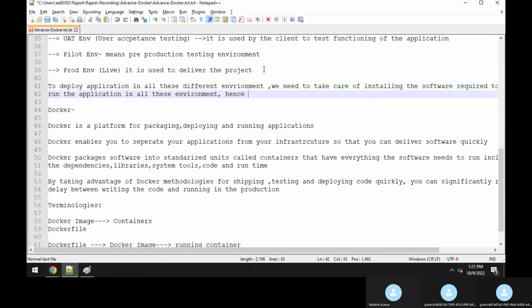So basically, I can just say simply, it is a difficult task for the DevOps engineer.